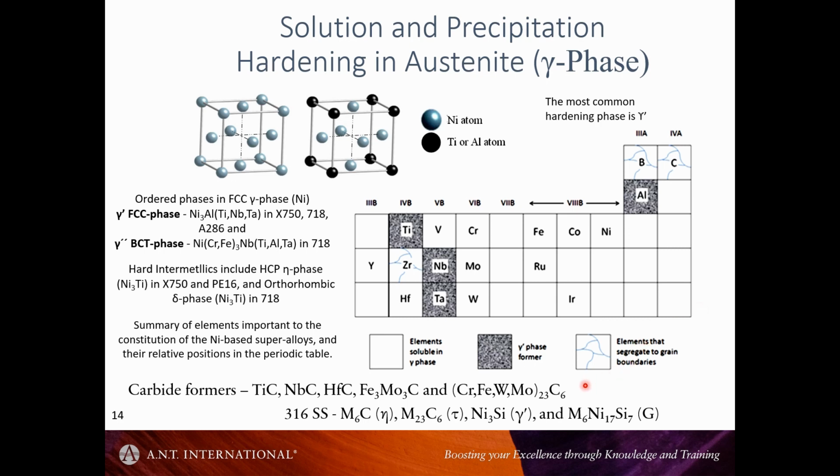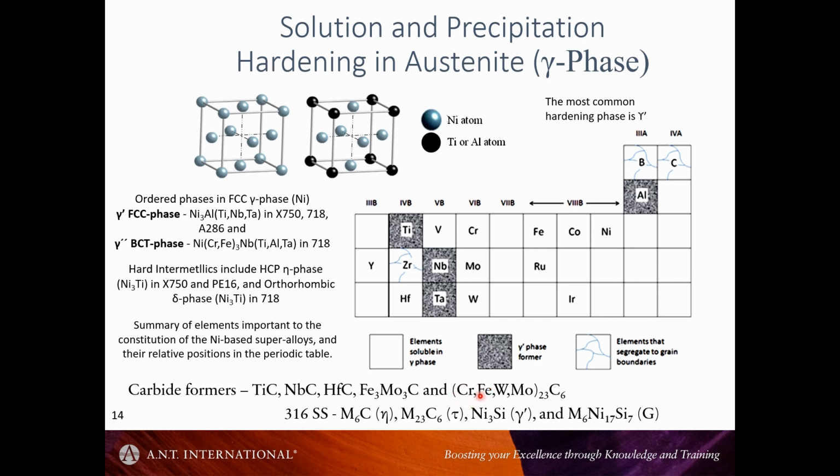Another type of precipitate which is important is the carbides. They tend to form, like borides, at grain boundaries, and this is important when it comes to the reaction with alloying elements, in particular chrome.